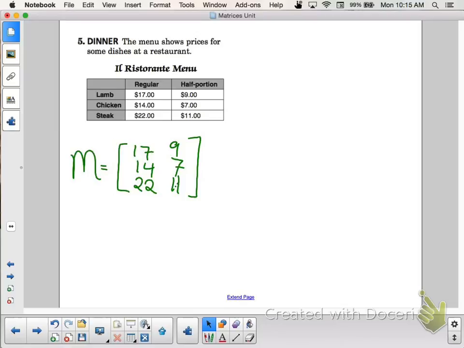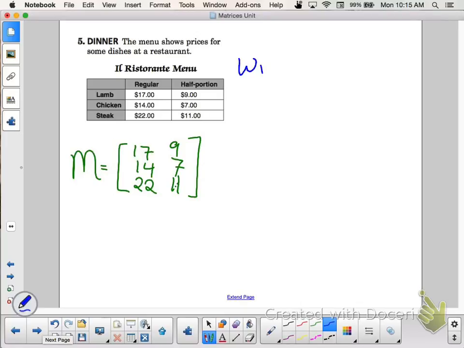All right, now here's what I want you to do. I want you guys to write an expression. And this expression will represent the cost of this meal, the cost of one of these things, or the cost of the matrix, including 20% tax and tip.